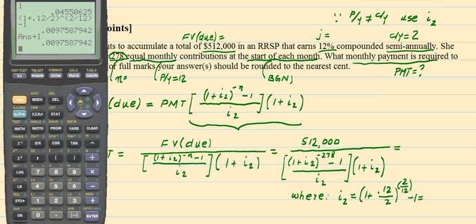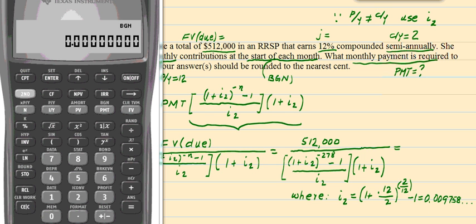So we'll do that, and do the same thing with the BA II Plus. So first thing, you want to make sure you clear your memory.